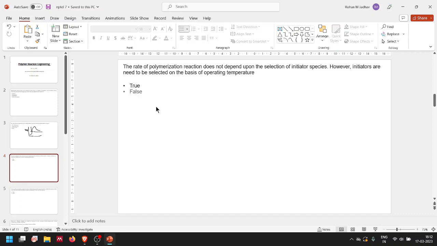The rate of polymerization reaction does not depend upon the selection of the initiator species because the number of monomers used in the initiation process is very small compared to chain propagation. That is the exact reason why the R_I term, the rate of the initiation process, can be neglected. But initiators need to be selected on the basis of operating temperature.